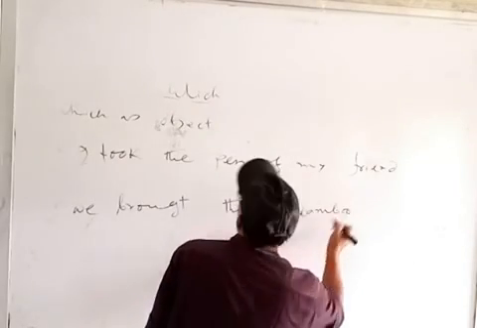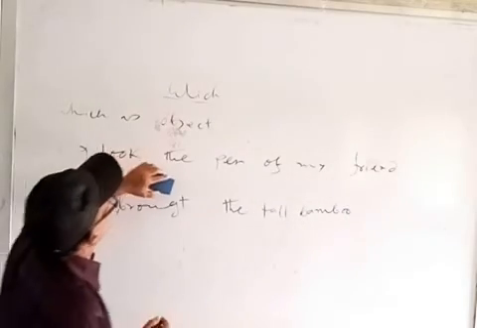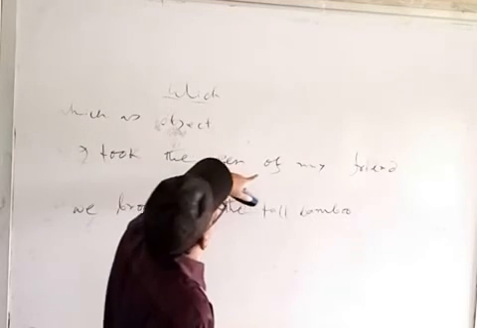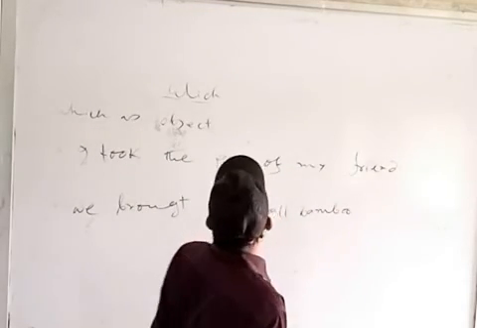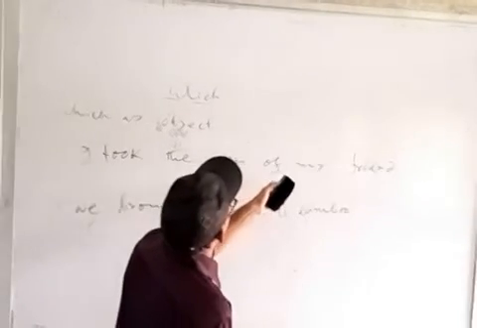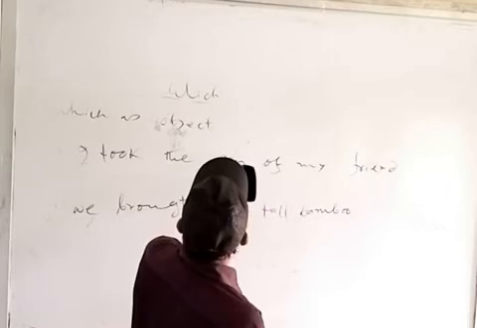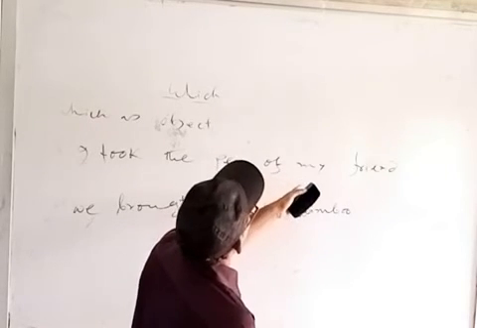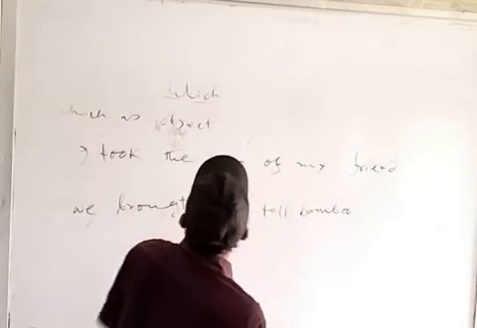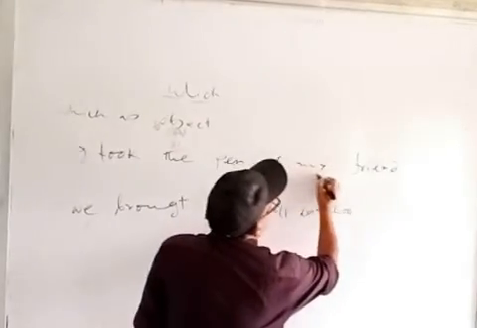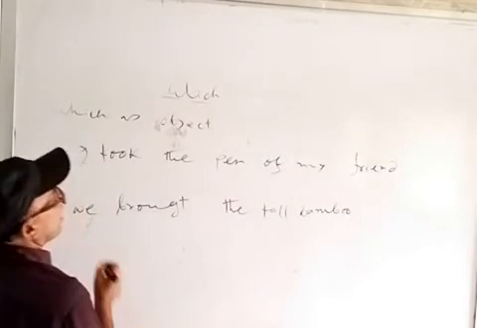For the first example, the pen of my friend. After the verb, as we find it, here from this sentence we find the object. We find the possessive case from the object. So the pen here is the noun, of my friend is possessive.